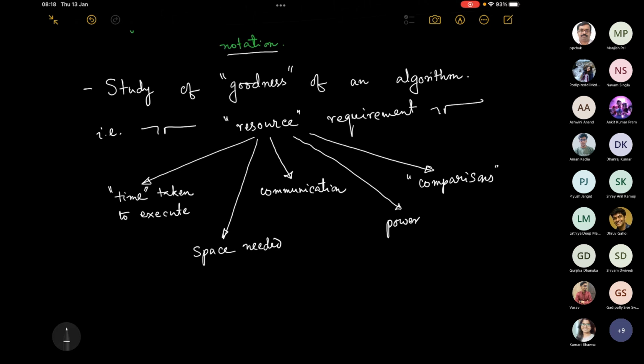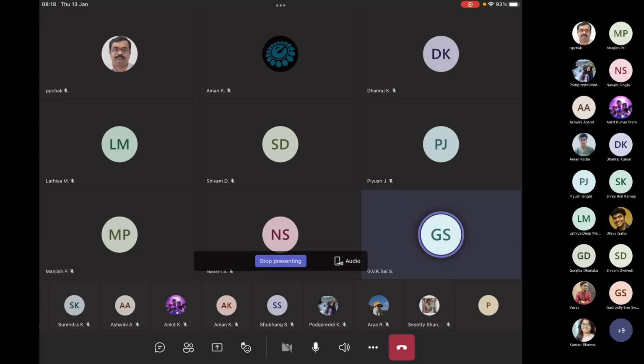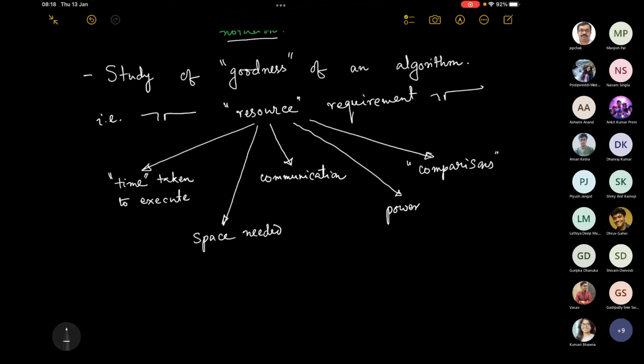Excuse me, sir, but doesn't minimizing the number of comparisons indirectly mean minimizing the time complexity? No, not at all. As I said, there are various operations which will take more time than comparing the elements. For example, if these elements are just real numbers or natural numbers, then comparison is easy, and that is much faster than finding a square root.